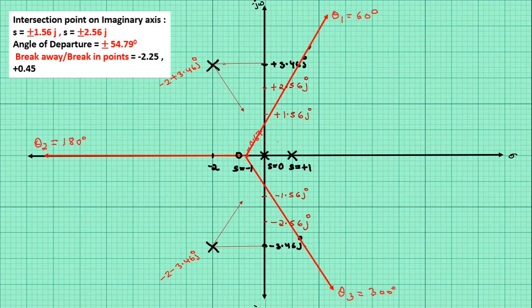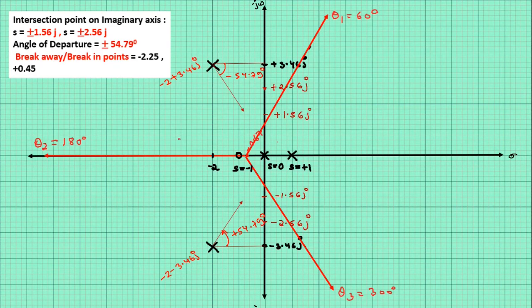So this angle will be minus 54.79 degrees at the pole of minus 2 plus 3.46j, and this angle will be equal to plus 54.79 degrees at the pole of minus 2 minus 3.46j.